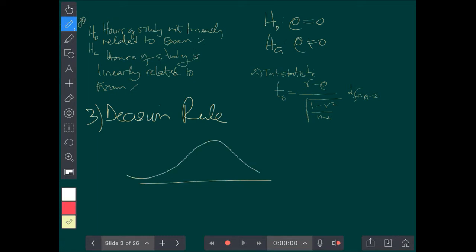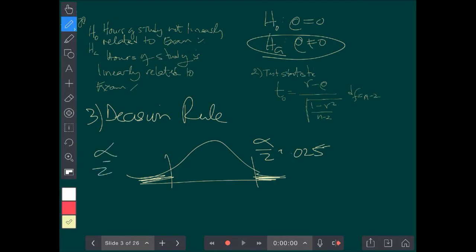If you look at the hypotheses, it's a two-tailed test, and so therefore we will have to split alpha over 2, 0.025, alpha over 2, 0.025.